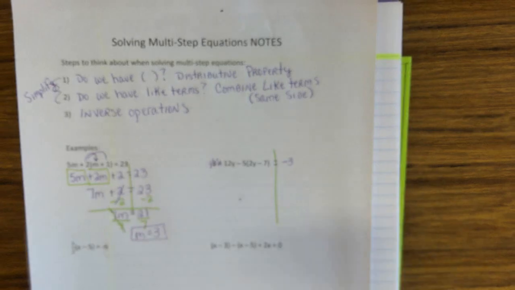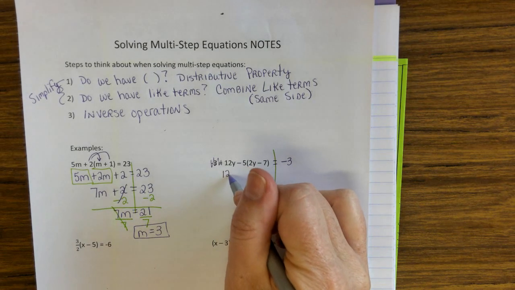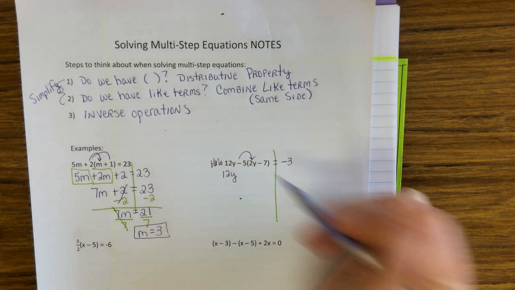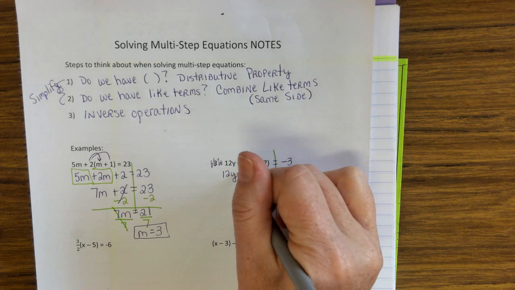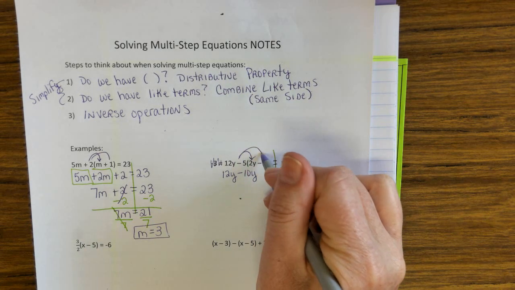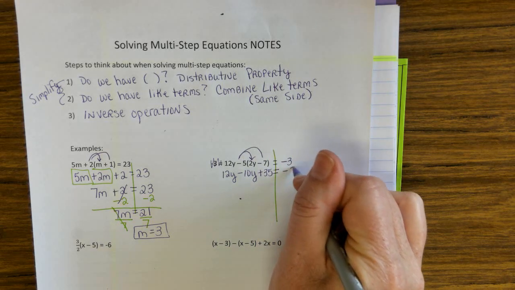So the first thing that we want to do is get rid of these parentheses. The 12y stays as is. We're going to distribute a negative 5, so this makes negative 10y plus 35 equals negative 3.